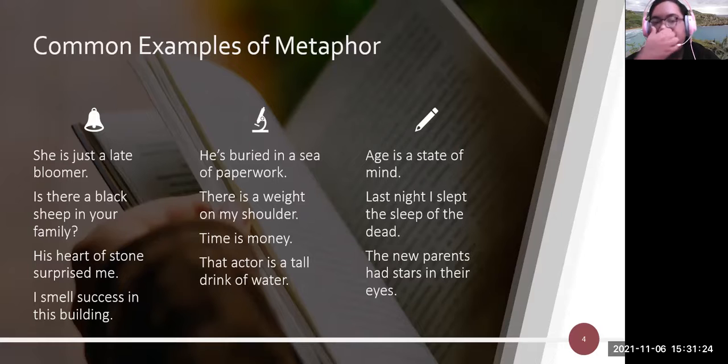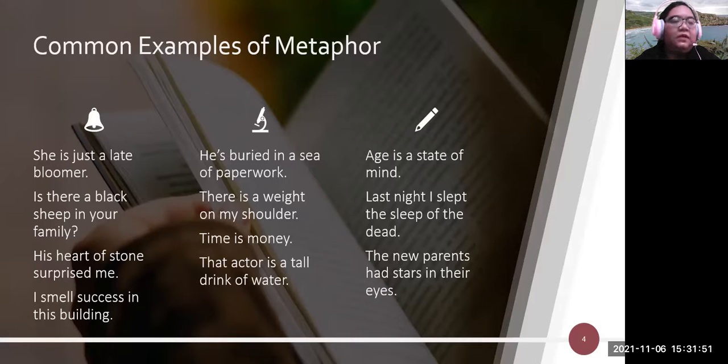That's a metaphor, okay? Is there a black sheep in your family? Okay, the color black and sheep. So what does a black sheep have to do with anything? But the image of a black sheep is someone who is not accepted, or someone who's weird, or someone who is like exiled from the family, basically, isn't it?